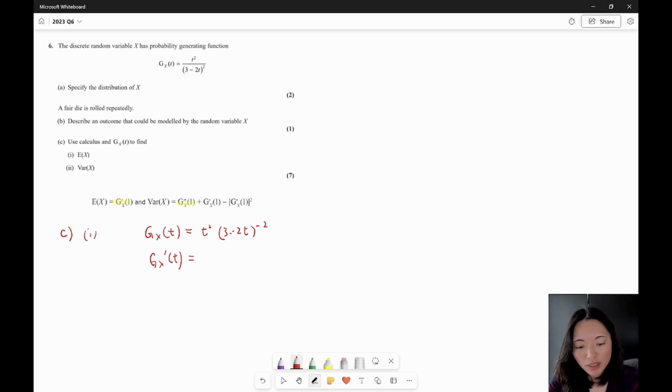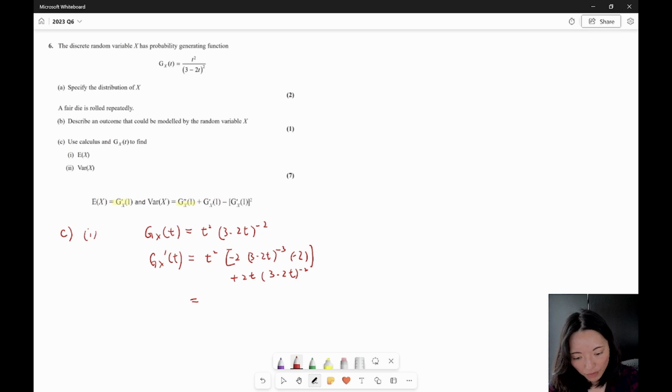We're just going to be differentiating that, and we need to make use of the product rule. So we keep the first term the same, differentiate the second term. Make sure we differentiate within the brackets as well. So that's -2 brackets. And then we differentiate the first term, keeping the second term the same. So that's simply 2t, keeping the second term the same, (3 minus 2t) to the power -2.